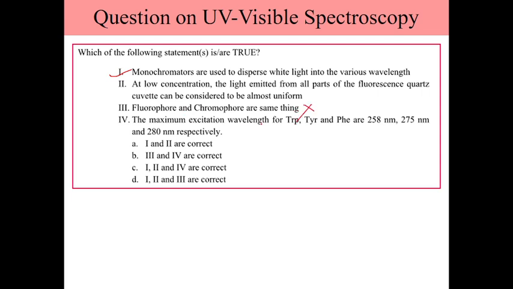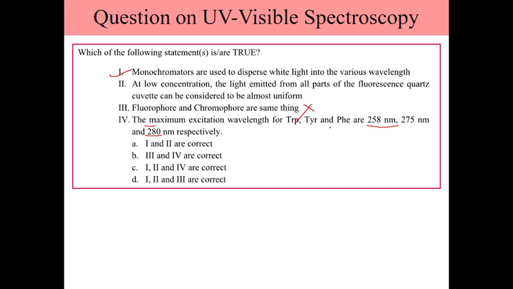The maximum excitation wavelength for tryptophan, tyrosine and phenylalanine are 258, 275 and 280 respectively, they are saying. I am sure you know that we studied in the previous questions that for tryptophan it is 280.